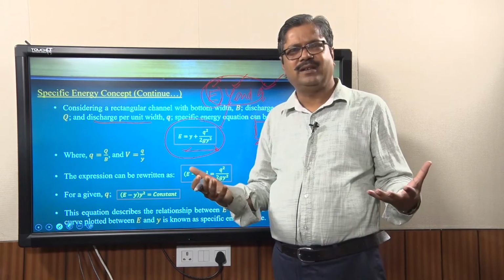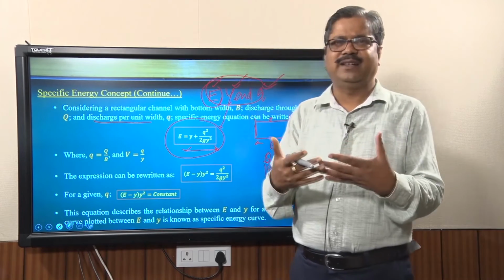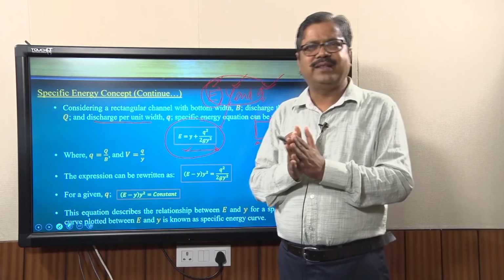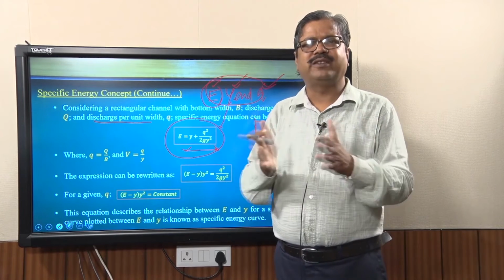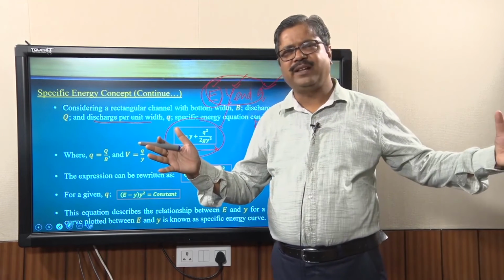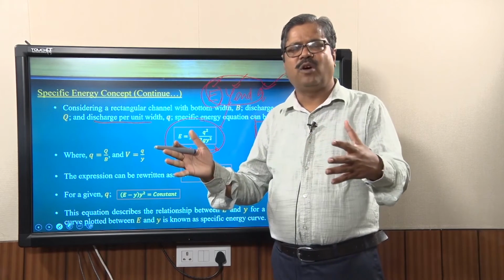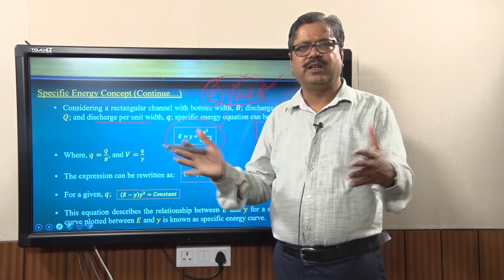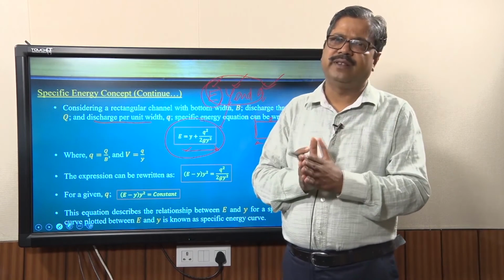This is a very simple thing. If q is a constant, that means the river width is not changing. Whatever the capital Q discharge is coming per unit width, if it does not change, then small q, the discharge per unit width, does not change.